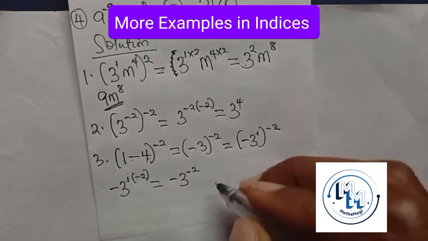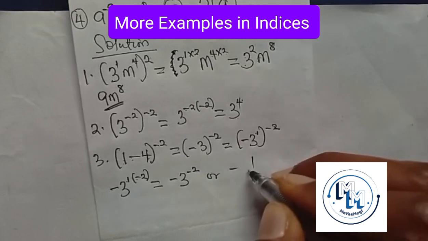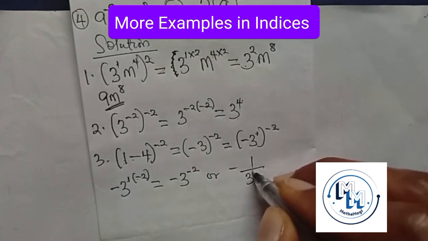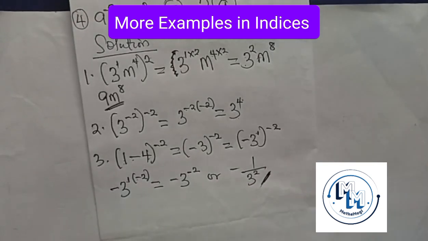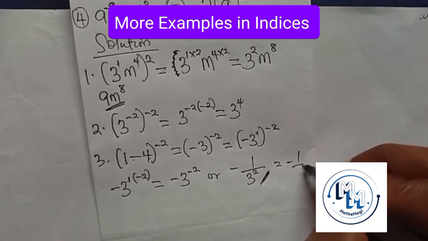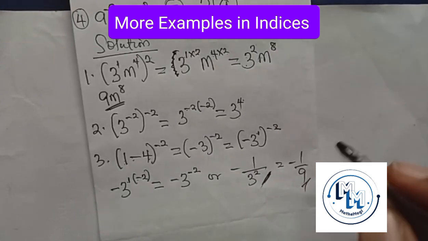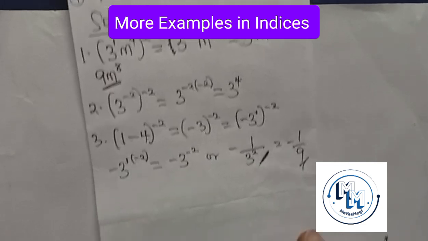That's all for that. Or it can be written as 1 over 3 power 2, which is equal to 1 over 9. So any of these can go.